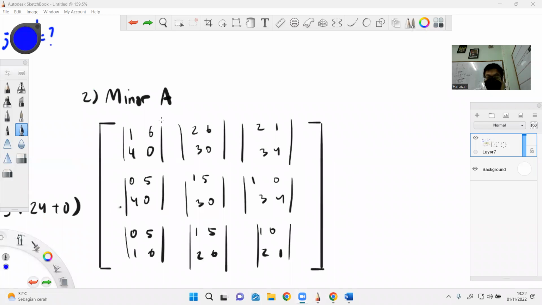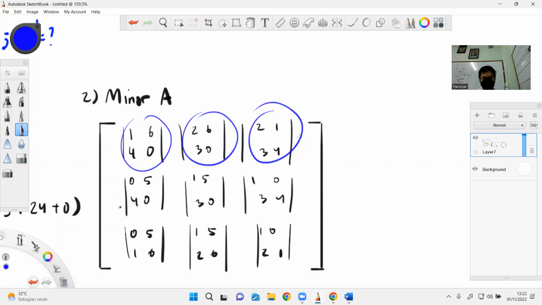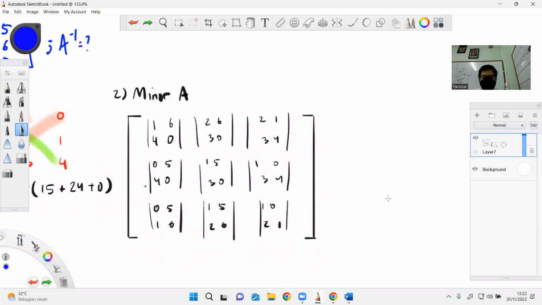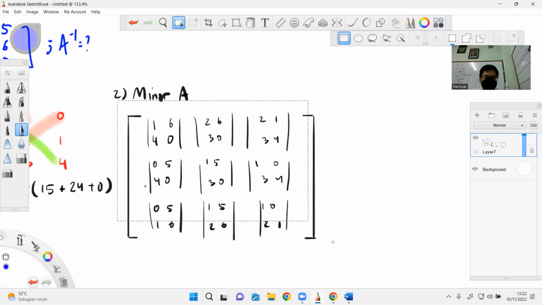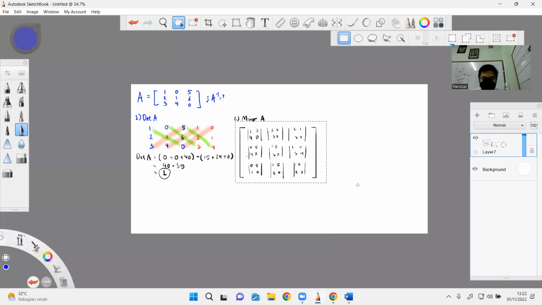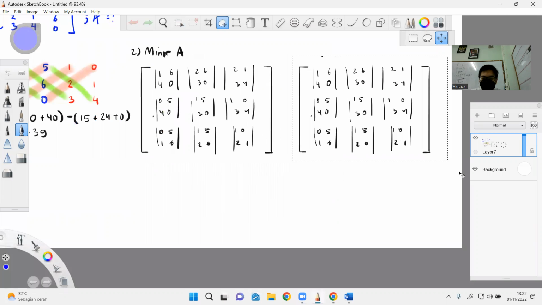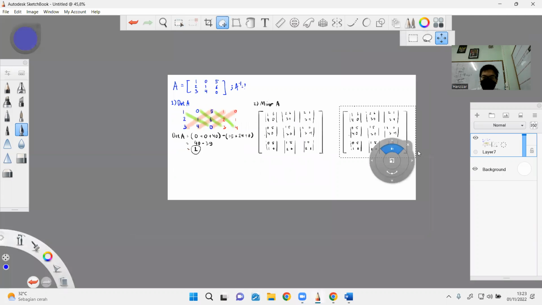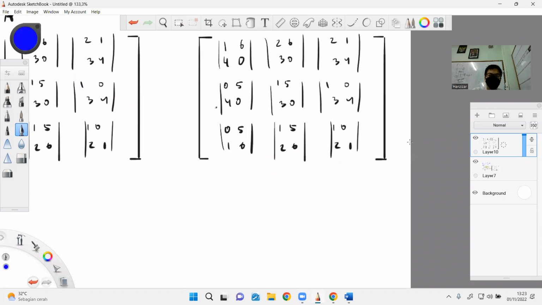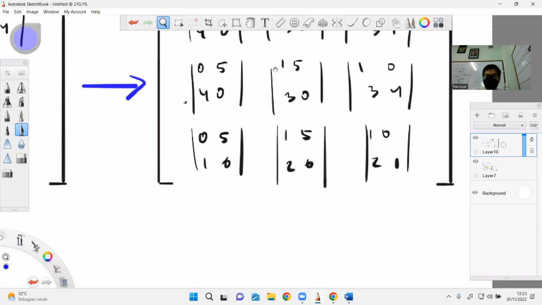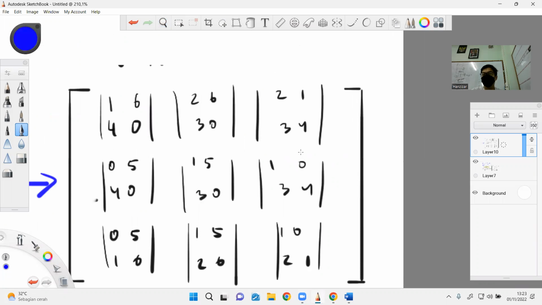Actually, you need to find the determinant of each of the elements. It is very hard to do. Not very hard, very annoying, much working to do. So what I need to do is try to copy paste, and we try to solve one by one with simple steps. First, we need to find 9 determinants of 2 by 2 matrices right now.